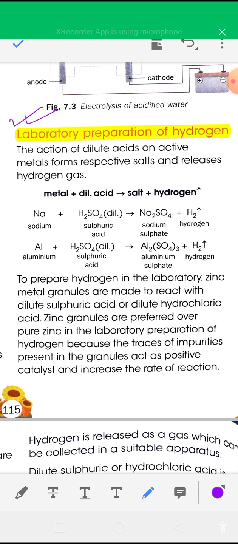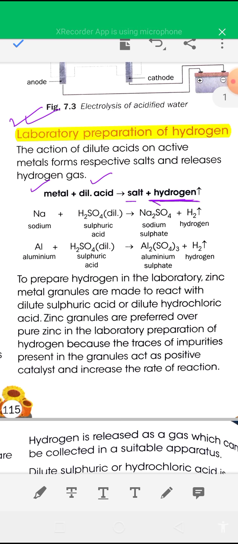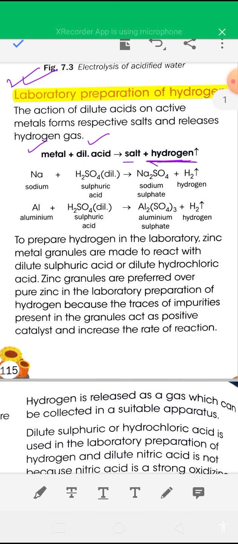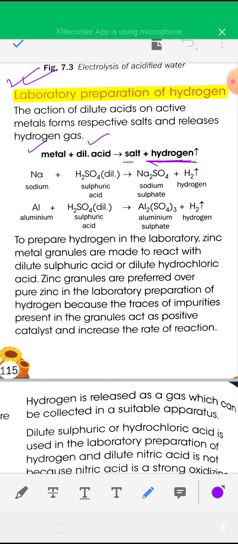So when active metals react with dilute acid, the products are salt and hydrogen gas. But in the laboratory, among all these active metals, zinc is preferred. Zinc is the preferred metal for the laboratory preparation of hydrogen.